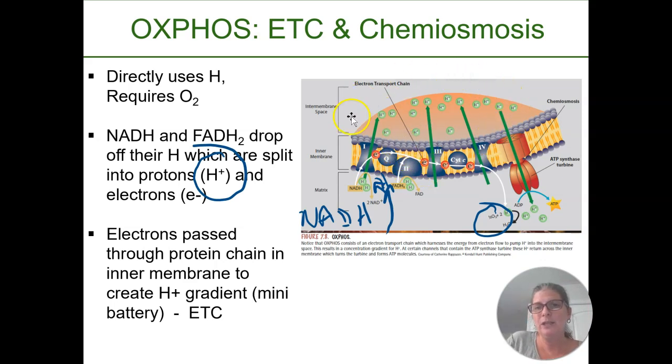And notice what we do is the energy from the electrons creates a proton gradient. It creates a lot of hydrogens on one side of the membrane and fewer on the other. So I like to think of this as a mini battery. We have a plus side, a positive, and a negative. And if we allow flow, if we allow those protons to come through, we will be able to generate ATP, and that's exactly what's going to happen.